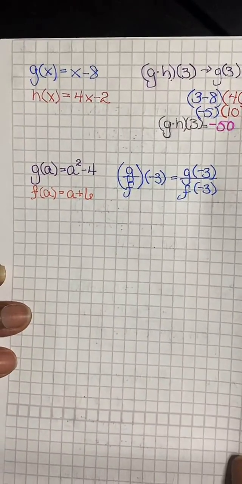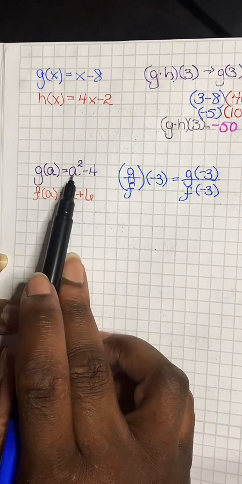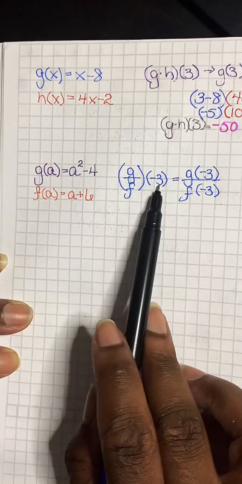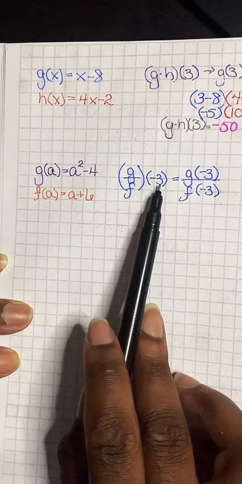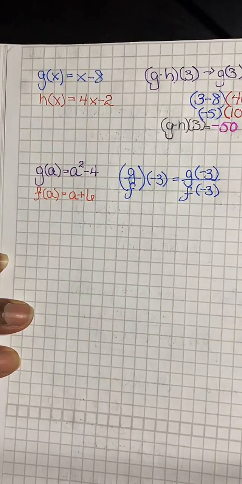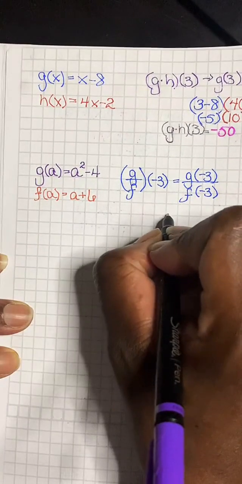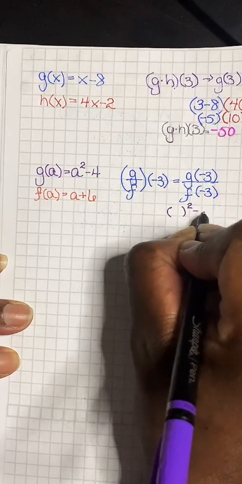So let's take a look at that g function. The g function is a squared minus 4. Notice the negative 3 is in the same spot as a. So all we're doing is replacing the a with the negative 3. So if I do this, squared minus 4.